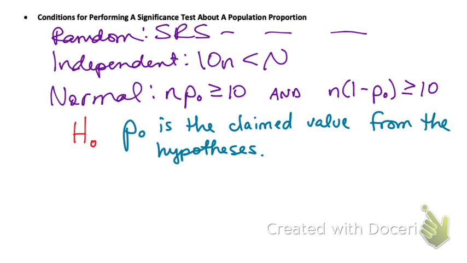That is not really called ho. I know, you're sad. This is actually the null hypothesis, also known as H naught. That little zero in the subscript is called a naught, spelled N-A-U-G-H-T. H naught, that little o matches that little o. So this is the claimed value from the hypotheses. You are not going to use the sample data when you're checking the normal condition. Cool?